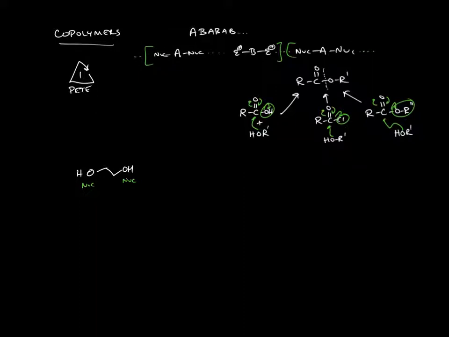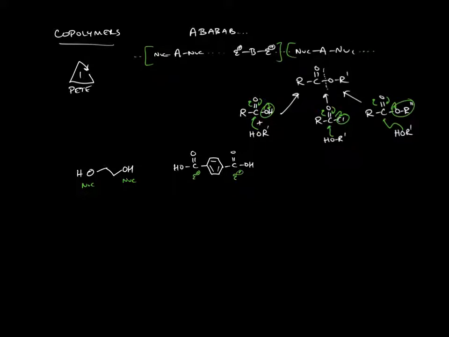And we'll normally react it with, I'm going to just give you the version of this that would come from a carboxylic acid. And we use this guy, which is terephthalic acid. So in this case, these are our 2 electrophiles, those carboxylic acids.